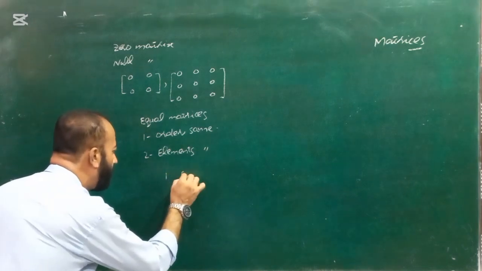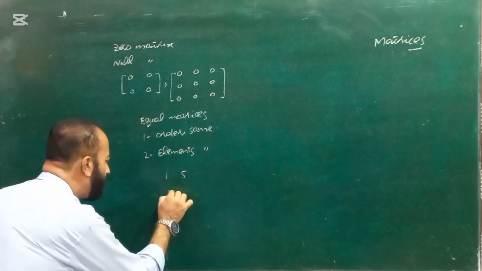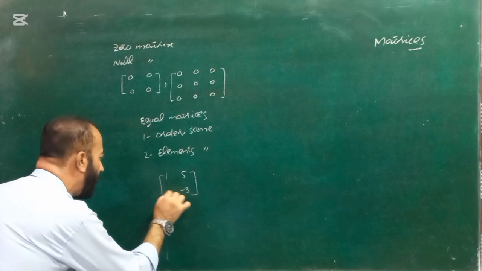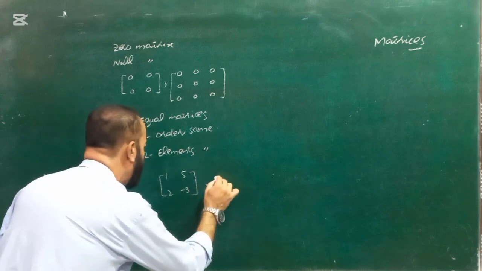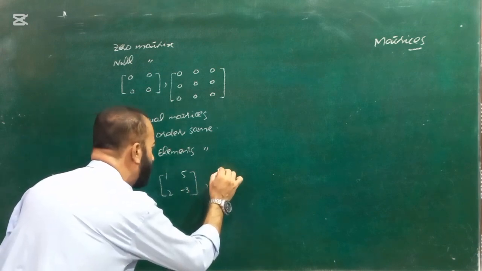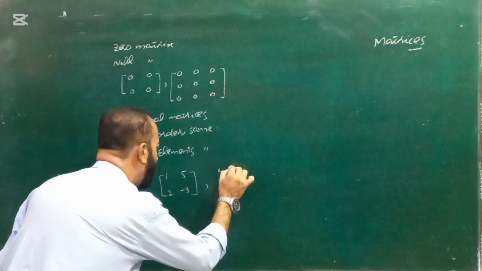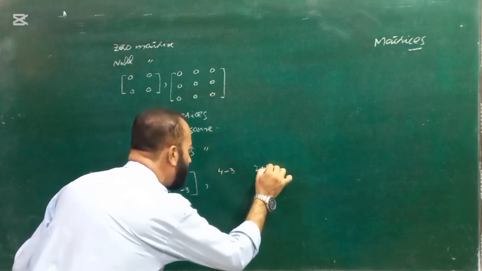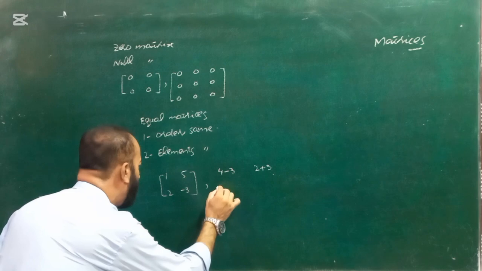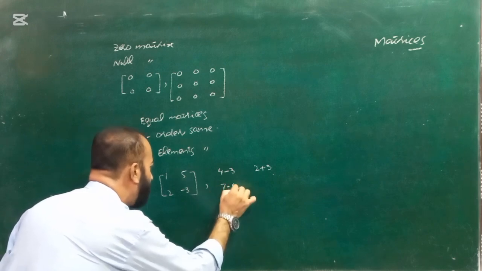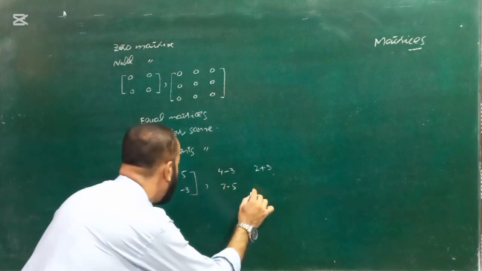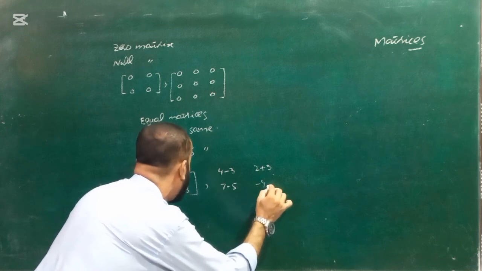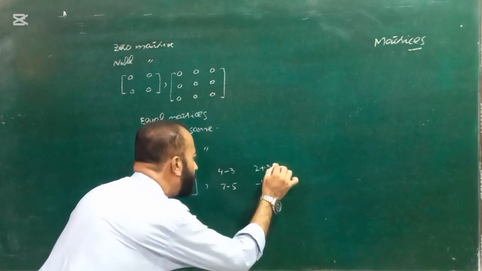So maybe 1, 5, 2 and minus 3. If you look at this matrix, here I'm writing another matrix. So you can see 4 minus 3, 2 plus 3, 7 minus 5 and minus 4 plus 1.